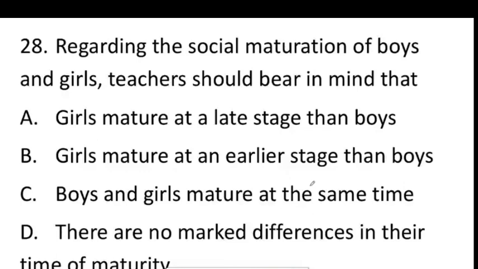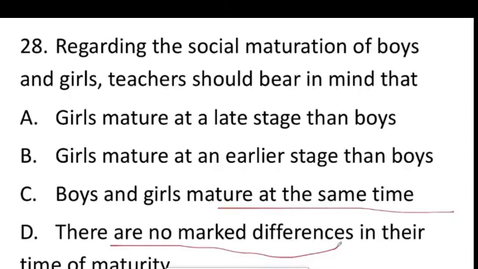Now, if you notice, we should eliminate choices C and D in our question. Why do we need to eliminate choices C and D? Choices C and D are the same. If you try to read, choice C says boys and girls mature at the same time. And D says there are no marked differences. No difference. So that means they mature at the same time.